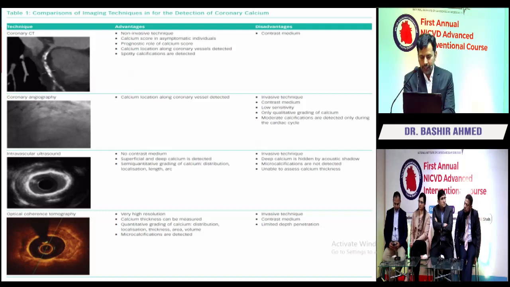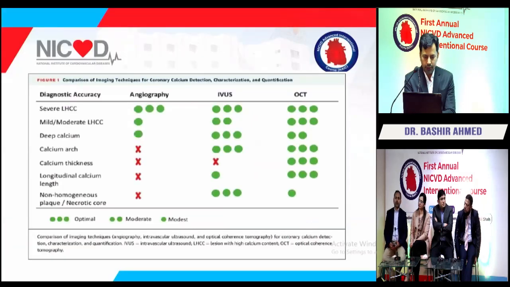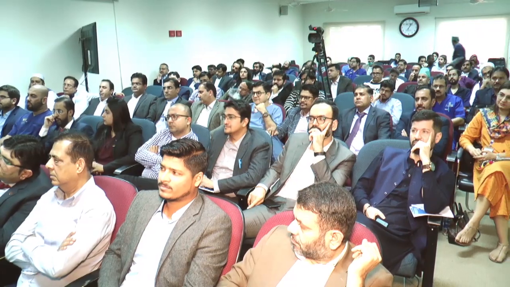The upcoming slide is the revision of this in another way. The coronary lesions with high calcium content can be detected; severe coronary calcium can be detected angiographically and on IVUS, but the thickness of calcium is best detected on OCT.